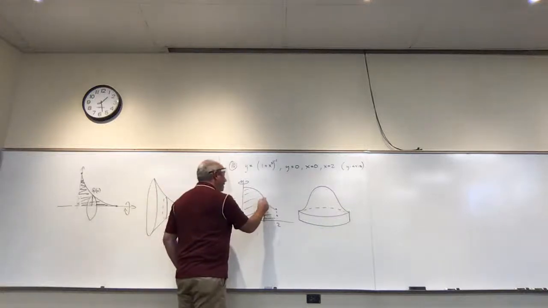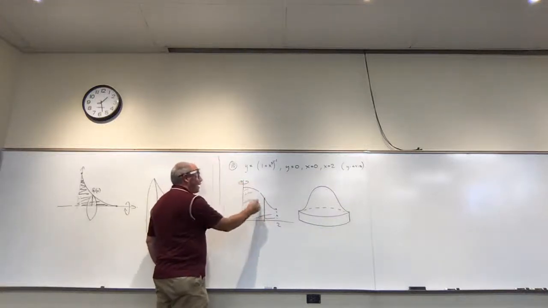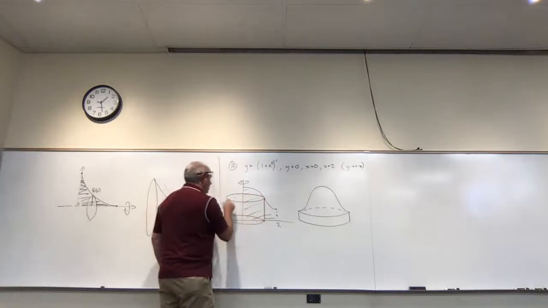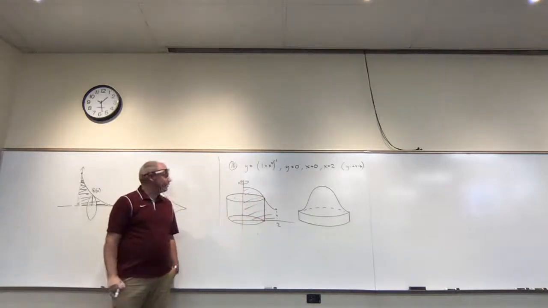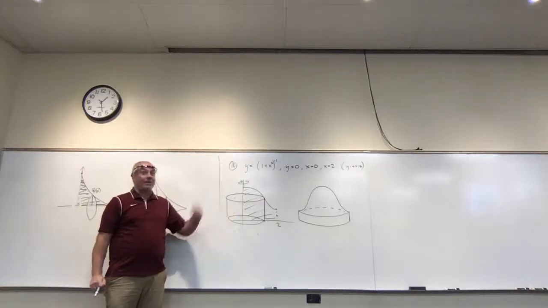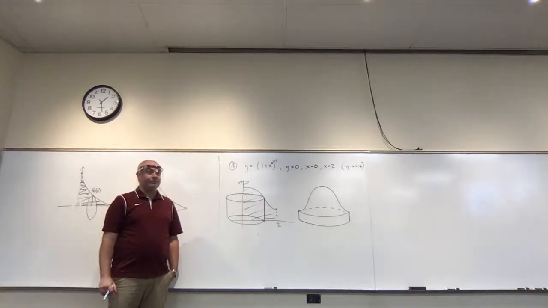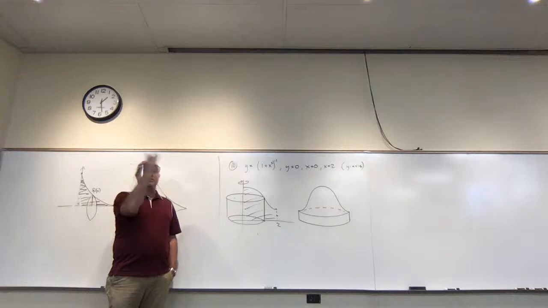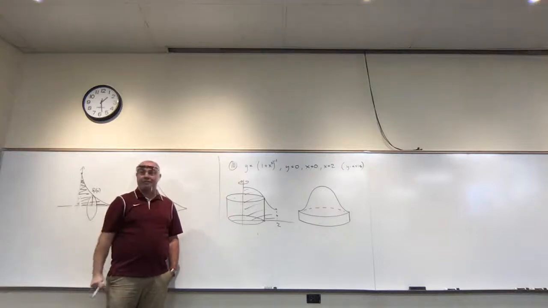Now if I spin that shape around the y-axis, it would look like this. And I say, wait a second, that looks a lot like a cylindrical shell. And that's the method we need to use. So I decide what the cut should look like, spin that cut, and when you spin the cut, it tells you the method.